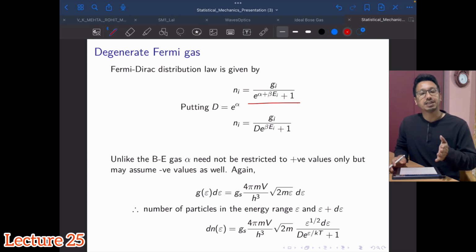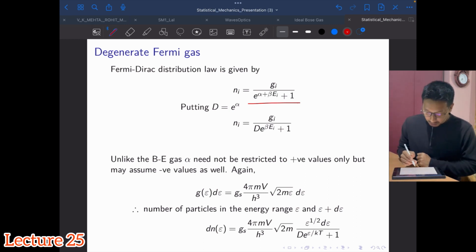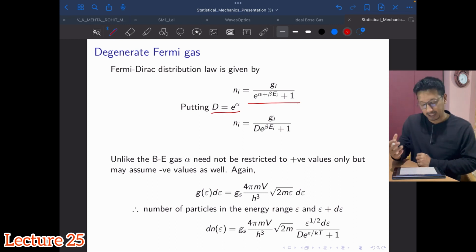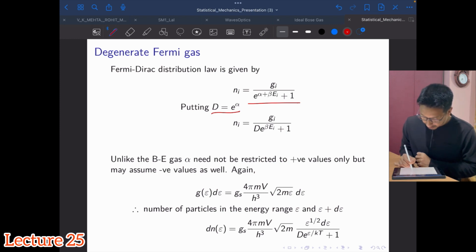Fermions are half integral spin particles, or in other words, they carry spin angular momentum of odd multiples of h cross by 2. Now we have been talking about degeneracy in this D parameter, which is e to the power alpha. So if you substitute D equal to e to the power alpha in this above expression, then you will get this.